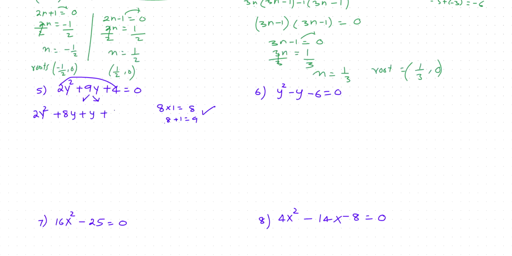Now we have 4 terms. We take out common in the first 2 terms. 2 and 8, we can divide by 2. There is y square, there is y, so y is also common. So now what do you get? 2, 2 cancels, 1 y cancels, so 1 y remains. Plus 2y, 2 goes 4 times, and y cancels, so just y plus 4.